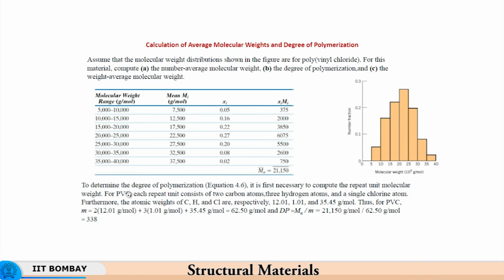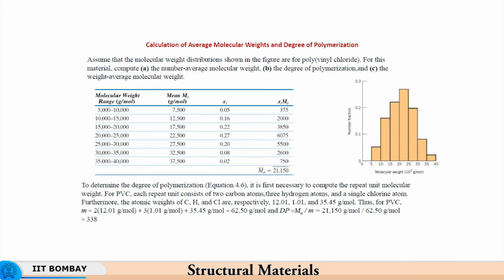So, for PVC, the small m is given as 62.5 gram per mole, and the average degree of polymerization, with 21,150 gram per mole, gives you 338 as the number of times the repeat unit has been added. So, basically one macromolecule contains 338 repeat units of vinyl chloride, right.